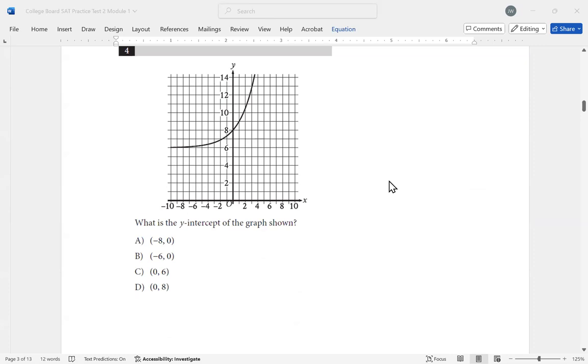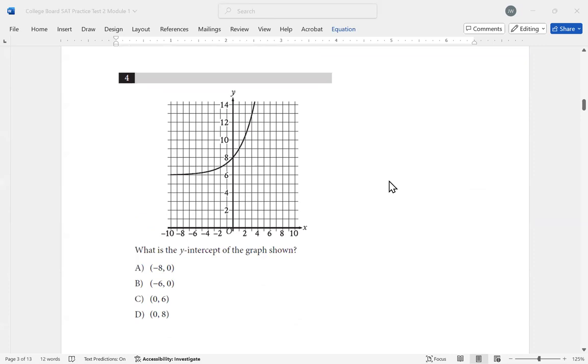Let's take a look at question 4. It says, what is the y-intercept of the graph that is shown? The y-intercept is where our graph hits the y-axis. It's pretty clear that the y-axis is the vertical axis. So notice that our graph is hitting the vertical axis at the point 0, 8.